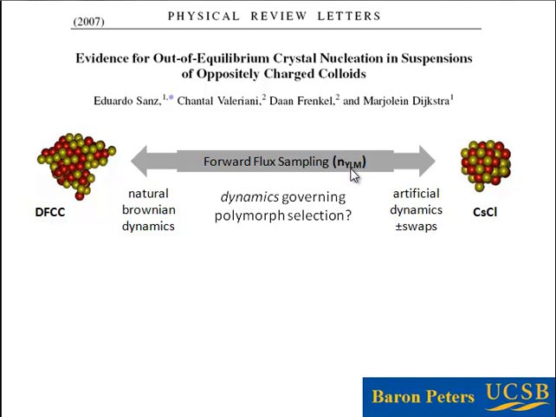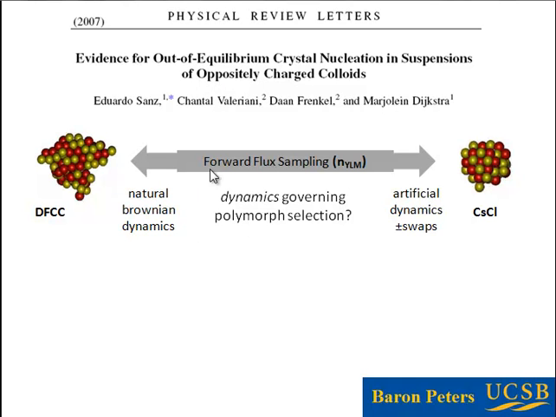It's not polymorph specific, and that's a key thing to remember throughout this talk: this coordinate does not distinguish between the two polymorphs. It allows you to generate both of them. What they found was that when they ran forward flux sampling with a set of moves that resembled the natural Brownian dynamics, this is a mixture of oppositely charged colloidal particles.